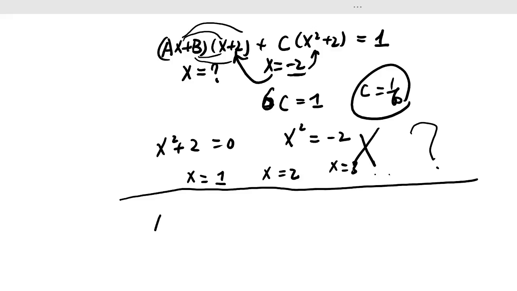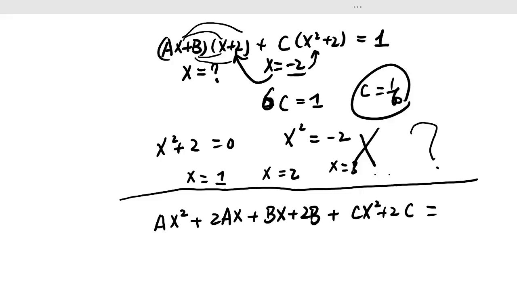That's going to be ax times ax squared plus 2ax plus bx plus 2b plus cx squared plus 2c equals 1. Alright, we still have the same idea. On the right side, there's no x squared term, there's no x term.